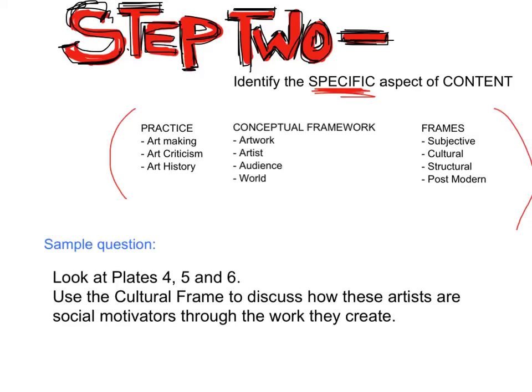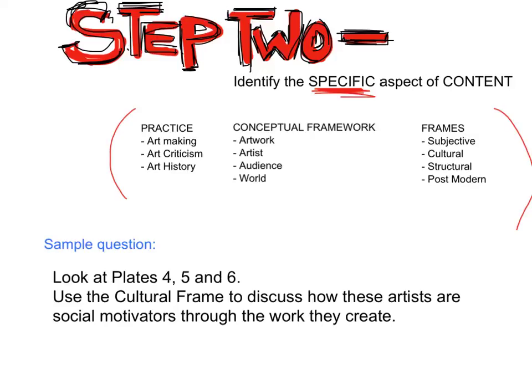Bear with me though, because some questions are not quite as obvious and you have to look for keywords. In that case, you would also need to identify the specific aspect of that content area. When dealing with a frames question, it may not actually tell you the frame that you need to use, so you need to identify the keywords and what they mean.